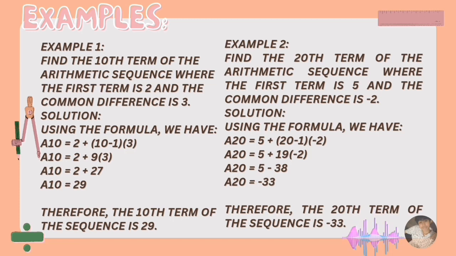So a_20 = 5 + 19 times negative 2. So 19 times negative 2 equals negative 38. 5 minus 38 equals negative 33. Therefore, the 20th term of the sequence is negative 33.